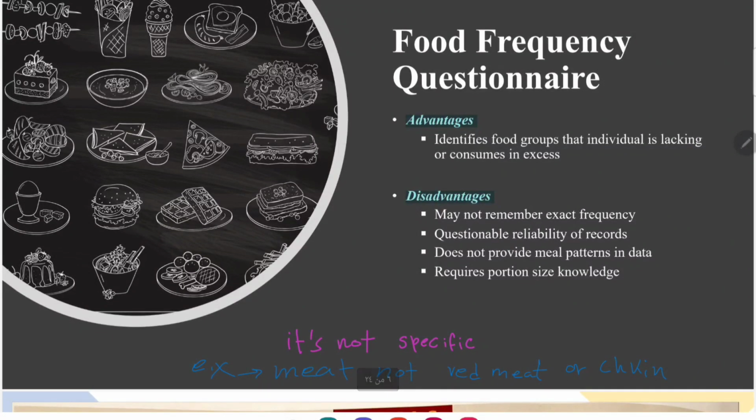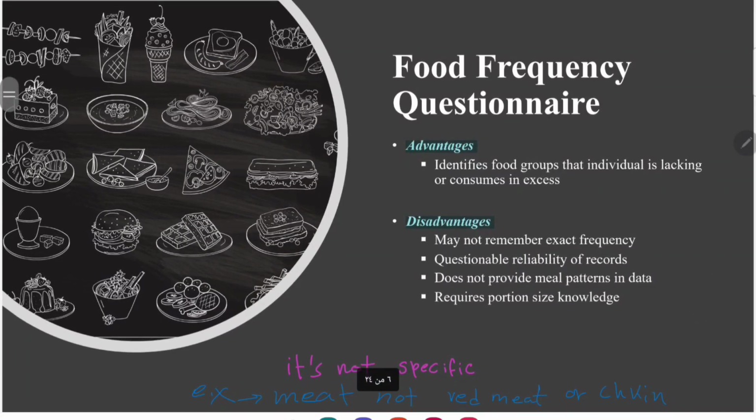The advantages, it identifies food groups that individual is lacking or consuming in excess. فهنا راح يكون سهل إن ال health professional assess which group أي group الشخص قاعد يأكل منه بشكل enough أو بشكل أكثر عن اللي يحتاجه أو أقل من الاحتياج.